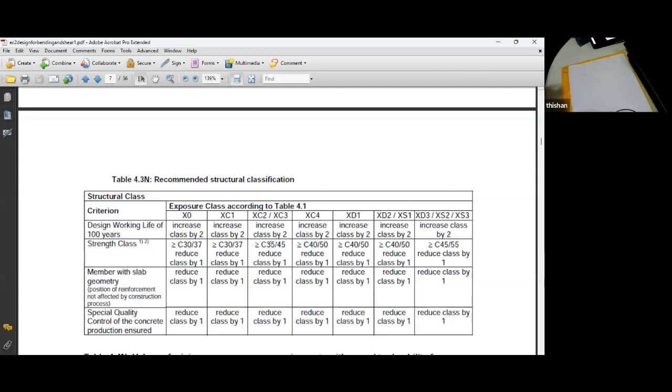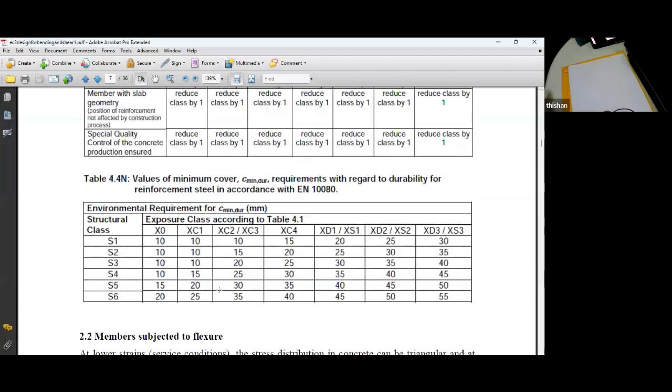Then the cover for the normal condition with 50-year lifespan, the cover requirement is 25. But Eurocode says you have to allow 10 millimeters for tolerances. So the cover requirement in Eurocode is 35.